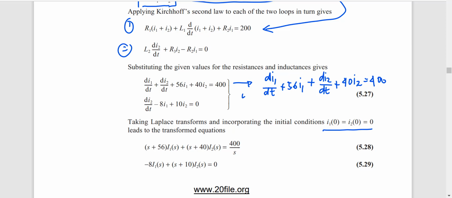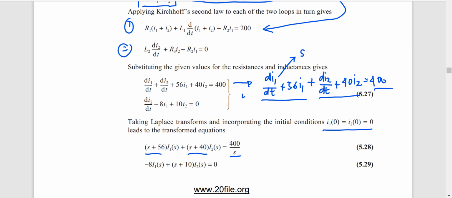Okay, so for this one, the Laplace transform was given, this is s. So s plus 56 is this one, and then s plus 40, this we transform to Laplace, we got s plus 40 into s, and then 400 we transform to Laplace like 400 per s.